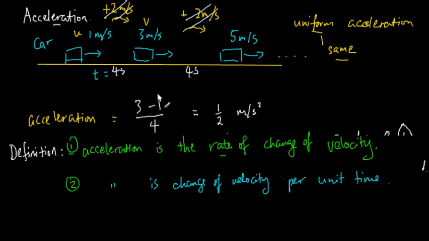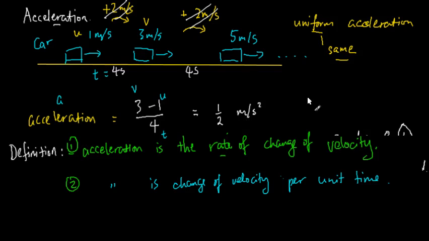So these are the 3 letters, and if I come here, the 1 here is the U, the 3 here is the V, and the 4 here is the T. So all I need to make my formula, I call my acceleration A, is to just replace these numbers by the letters.